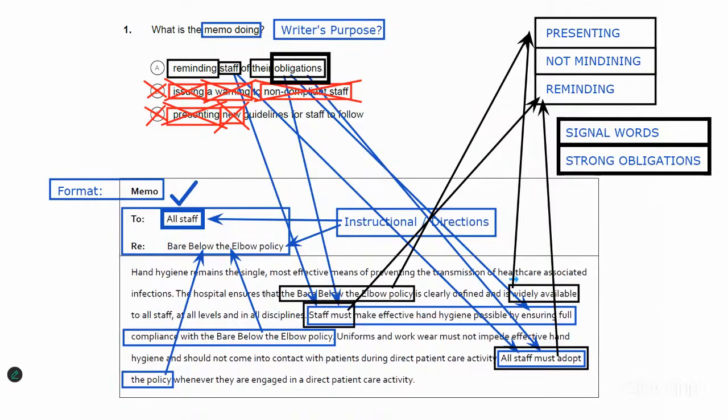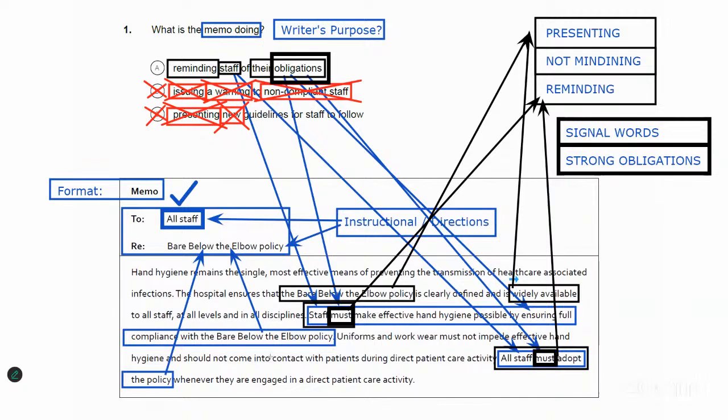These words are very, very important to confirm. So, the signal words are must. Here it is. Must is an obligation. Write it down in your notes. Must is an obligation.